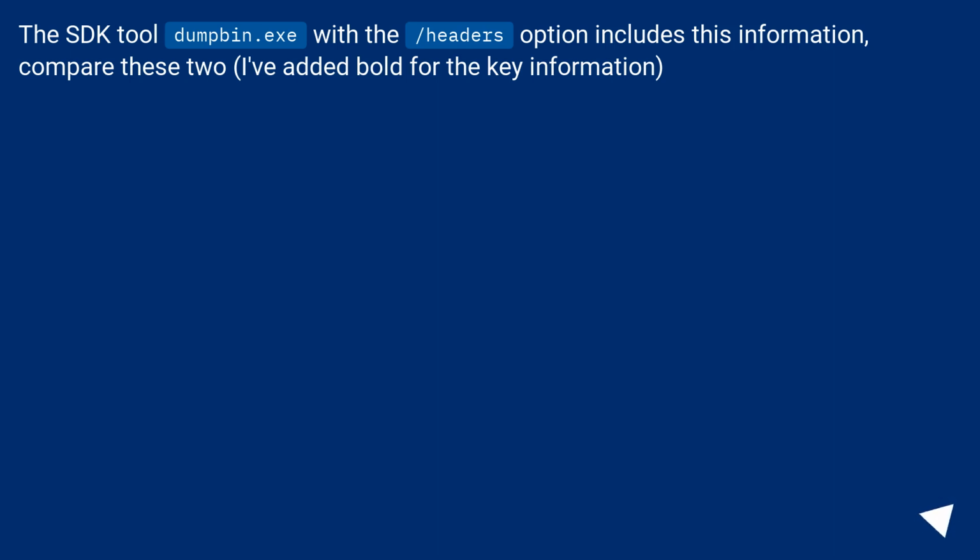The SDK tool dumpbin.exe with the /headers option includes this information. Compare these two. I've added bold for the key information.